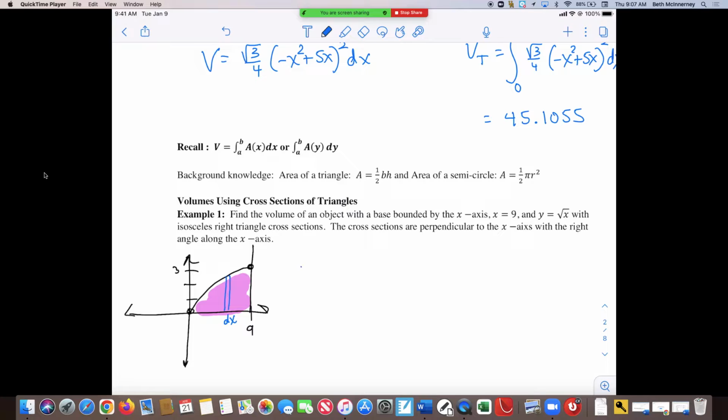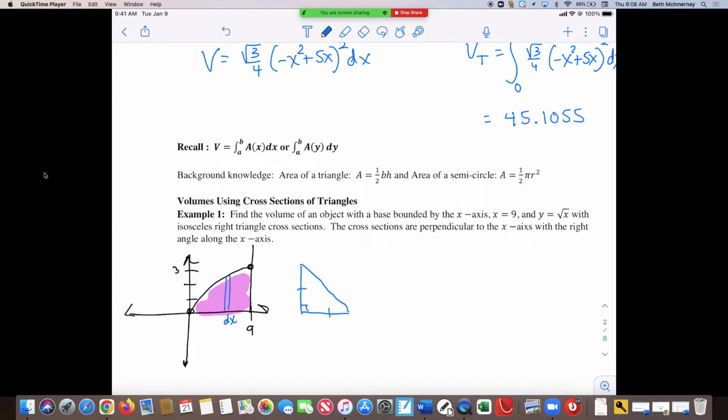Now, I'm trying to take this cross section, and this is the bottom of it. You could do this to the top or to the bottom, but the right angle is along your x-axis. So this side and this side are equal because it's isosceles.